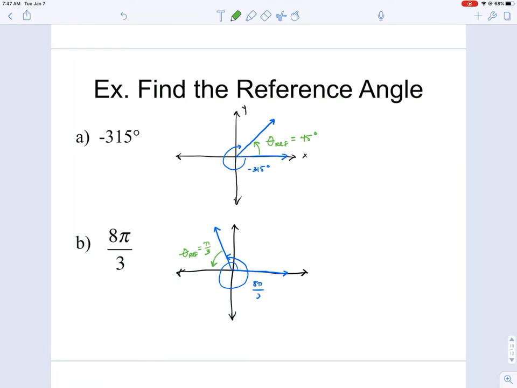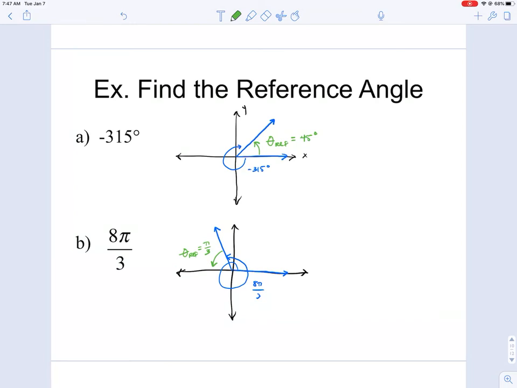So since the reference angle is always a positive acute angle from quadrant 1, and all of the trig functions are positive in quadrant 1, you have to take into account where the angle terminates, like the actual angle that you're trying to evaluate the trig function at, where that terminates, and what the sign of the trig function is in that quadrant.